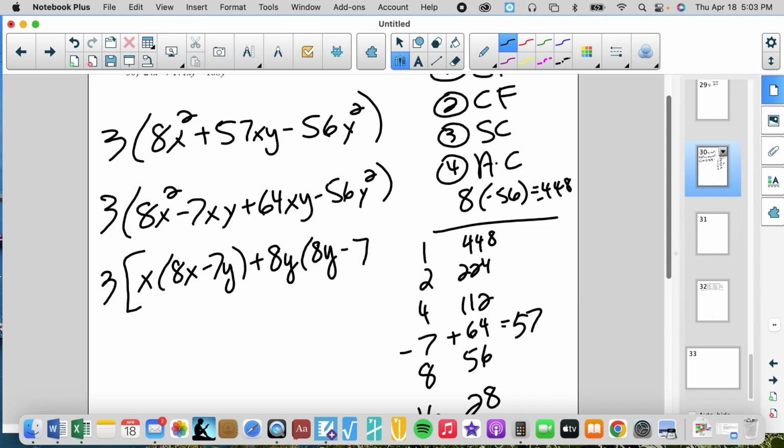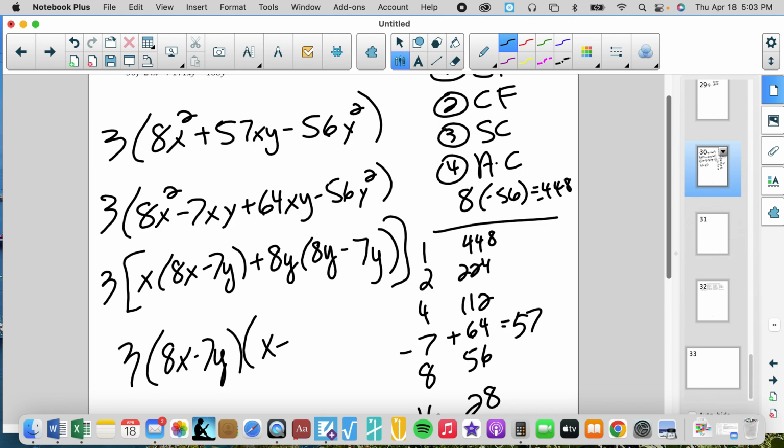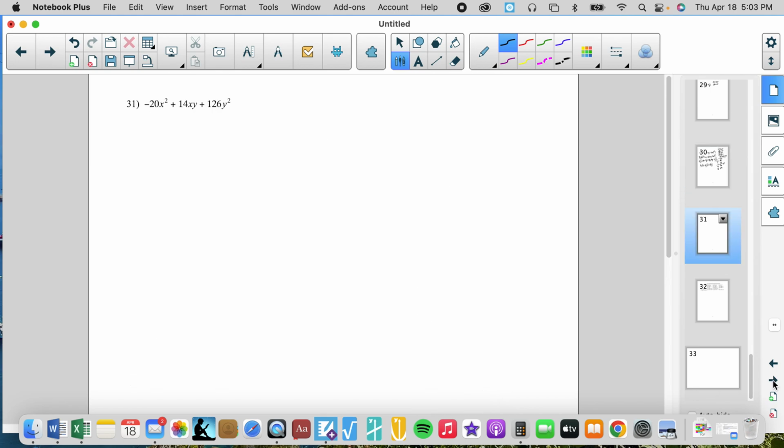Oh, okay. I was like, is this a binomial square? No, they're not. They're close to each other. 3 times the quantity 8x minus 7y times the quantity x plus 8y. Why couldn't you just do that, Mr. Mack? You labored on that problem so much.